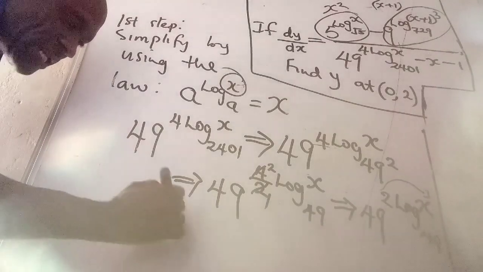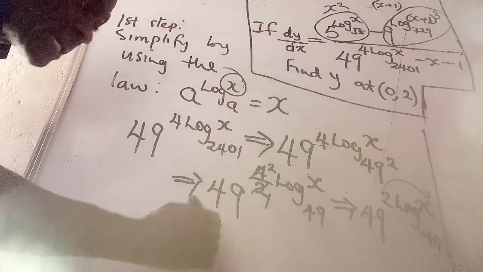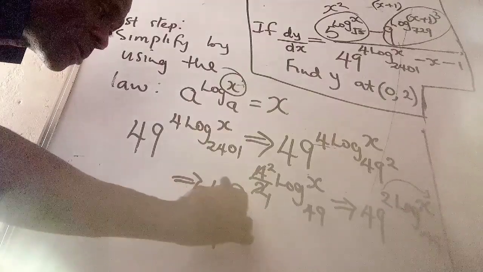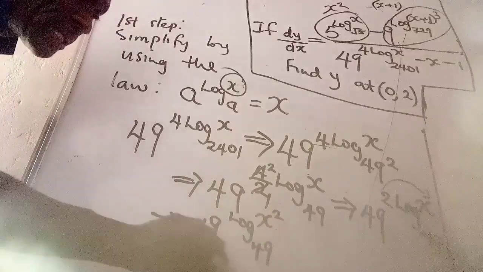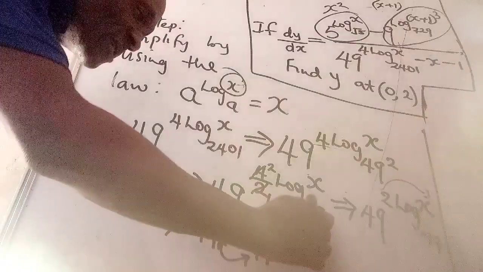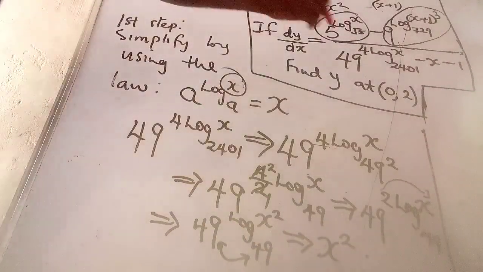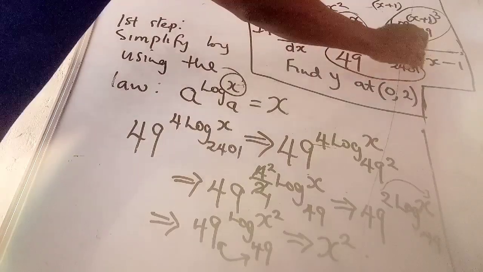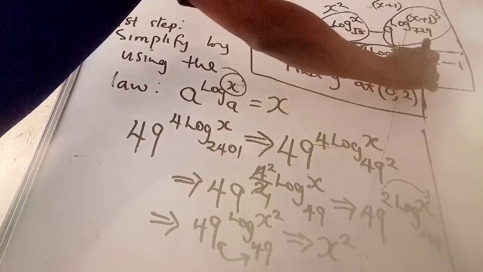So the final simplified result will now be 49 raised to power log of x squared base 49. Since these are the same, the simplified result will be x squared. So the whole of this has become x squared.